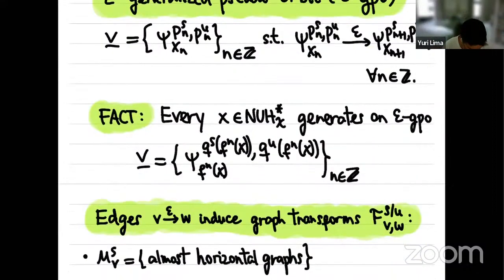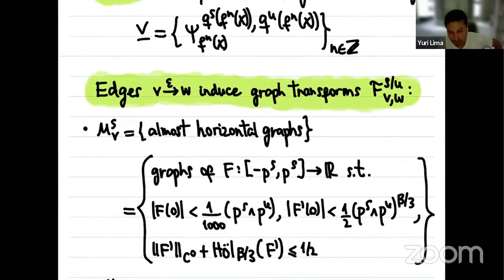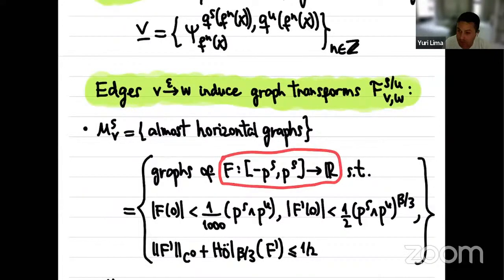So the difference now is that for almost horizontal graphs, you need stronger assumptions on the properties of the functions that you consider. So you see, almost horizontal graphs are defined only at the scale PS.